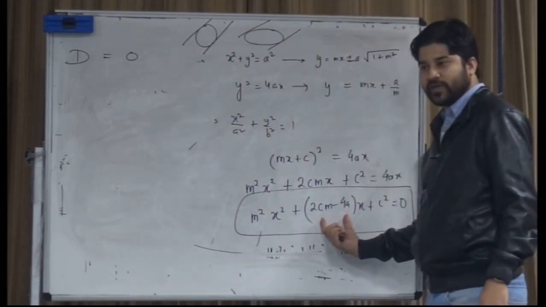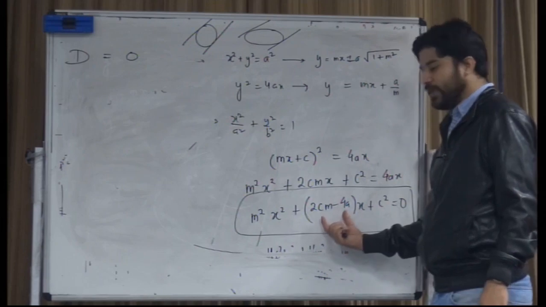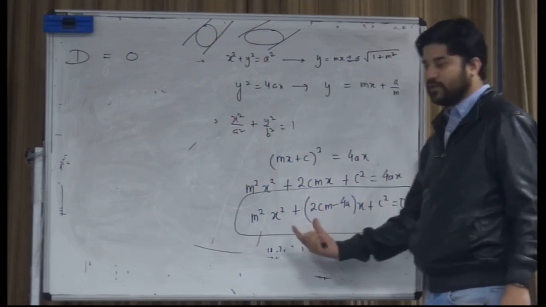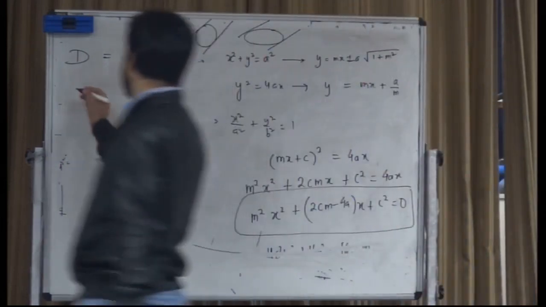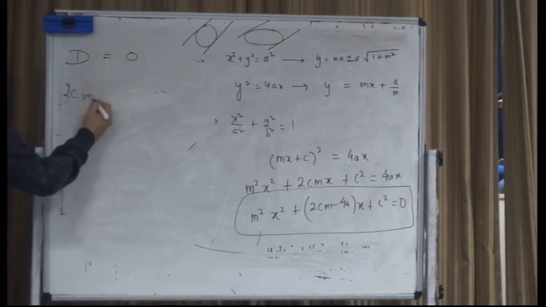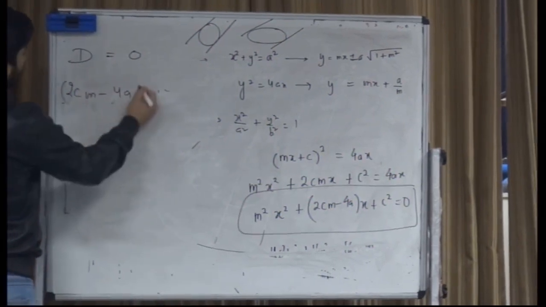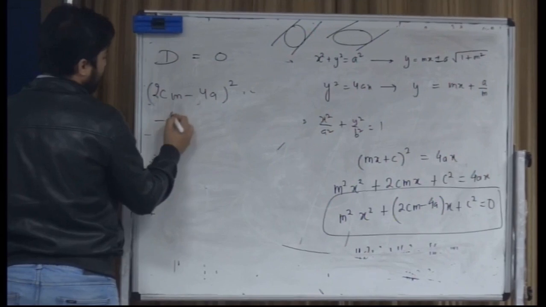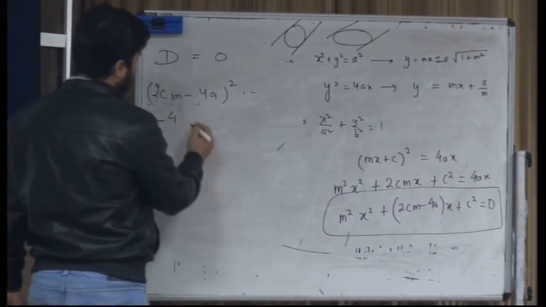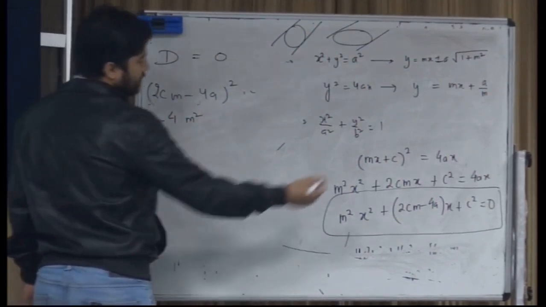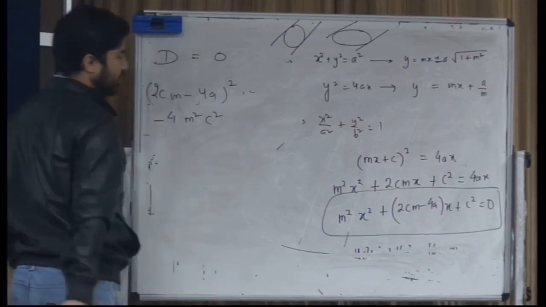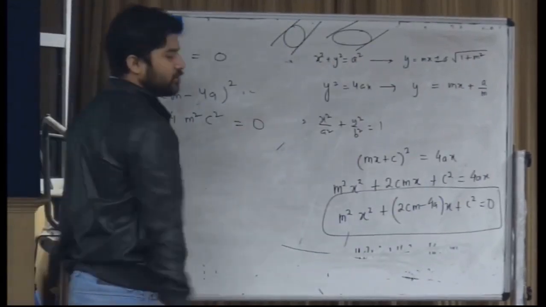This is the coefficient of x, that is called b. b square minus 4ac. So b square is going to be 2cm minus 4a का whole square minus 4 into a क्या है? m square. वो क्या है? c square is equal to 0.